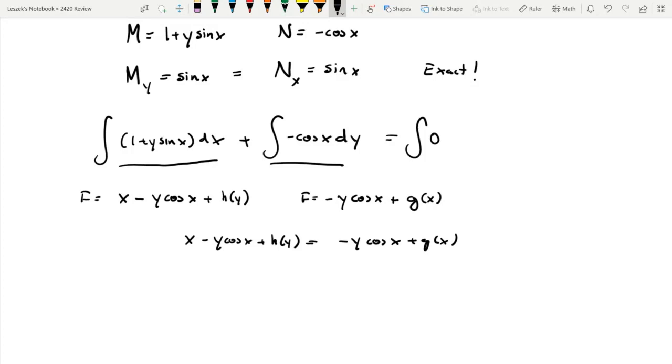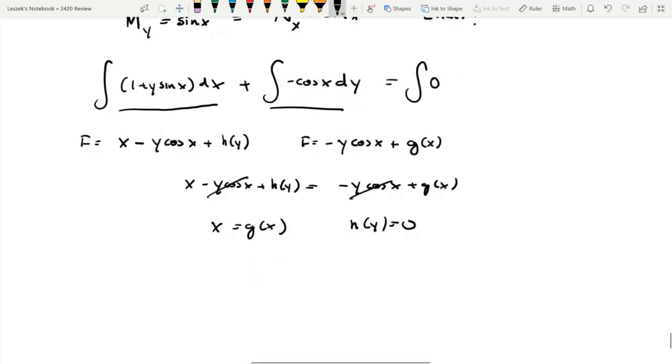And you recognize that h of y, g of x, what cancels? So it looks like g of x is x, and h of y is just a constant, or 0 if you'd like. Right, so then plugging that back into either one of these here, we get f is x minus y cosine x plus h of y, which is 0.